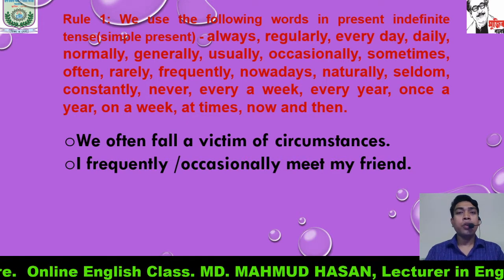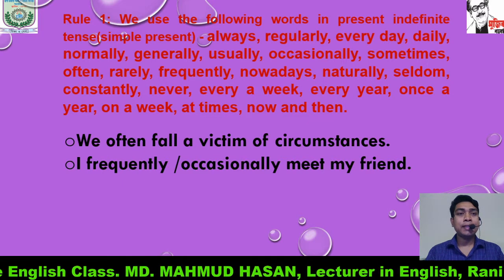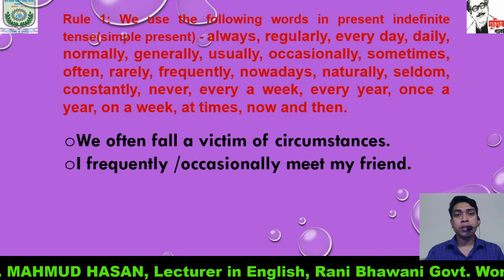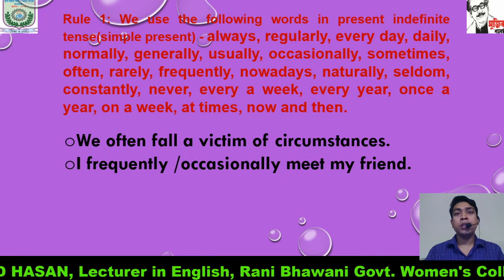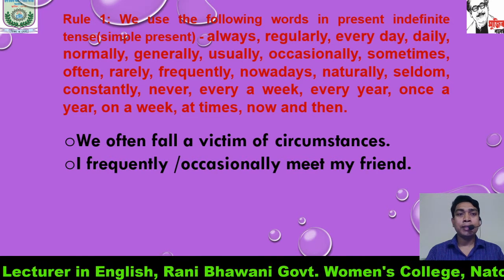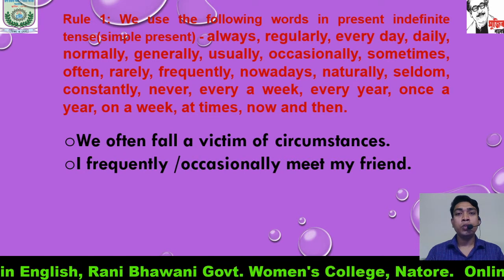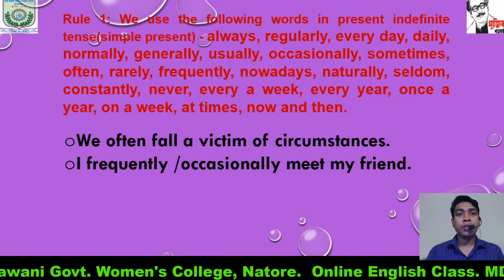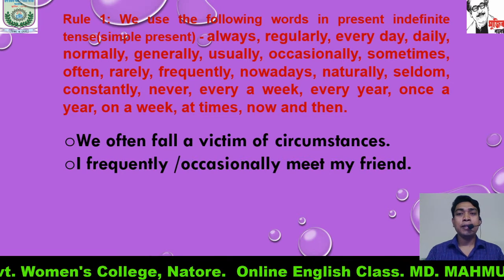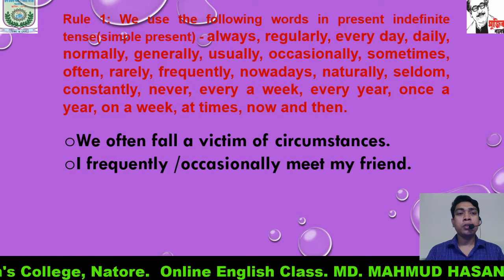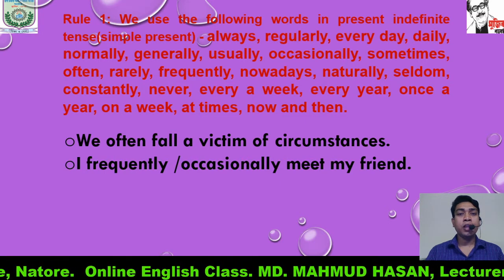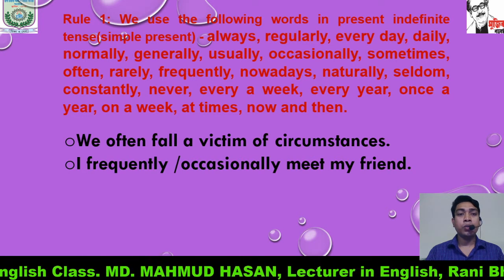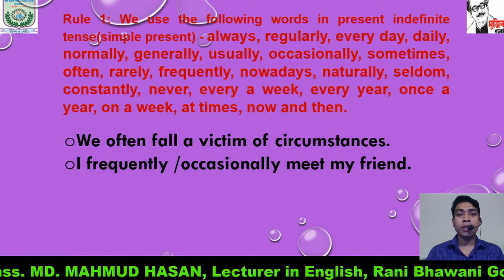We use the following words in present indefinite tense or simple present tense: always, regularly, every day, daily, normally, generally, usually, occasionally, sometimes, often, rarely, frequently, nowadays, naturally, seldom, constantly, never, every week, every year, once a year, once a week, at times, now and then.